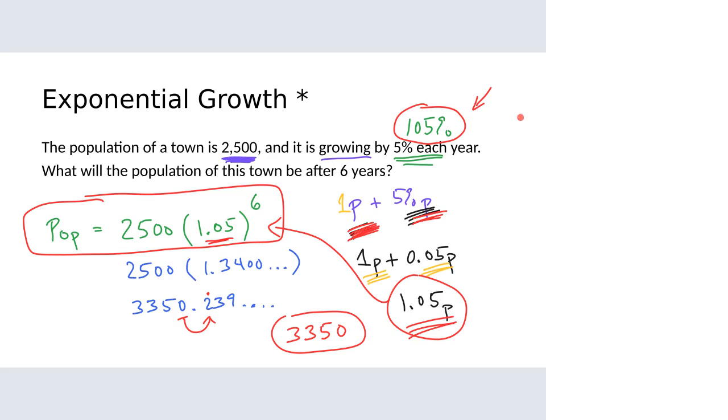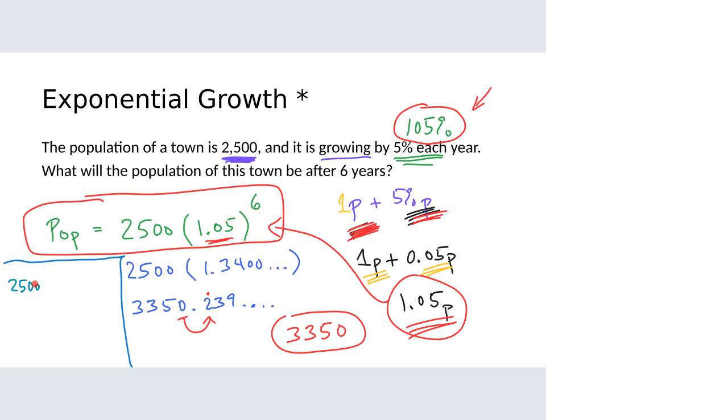Here's the thing. What you've done is, I'm going to throw this down here in this corner because I think I can do it down there. So what you did was said, well, it's 2,500.